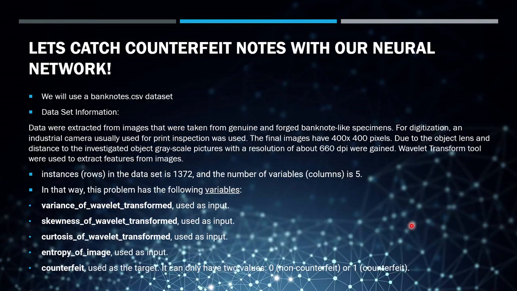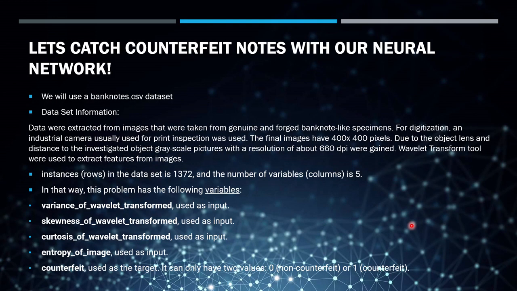So now let us catch counterfeit notes with our neural network. We will use the banknotes.csv dataset. You should know what exactly this dataset is. These data were extracted from images that were taken from genuine and forged banknote-like specimens.